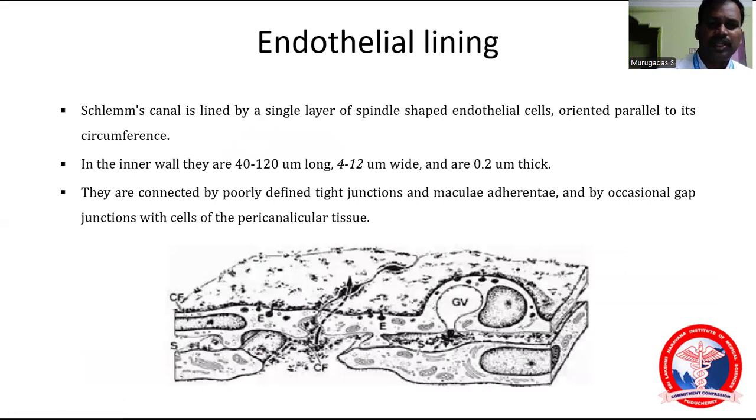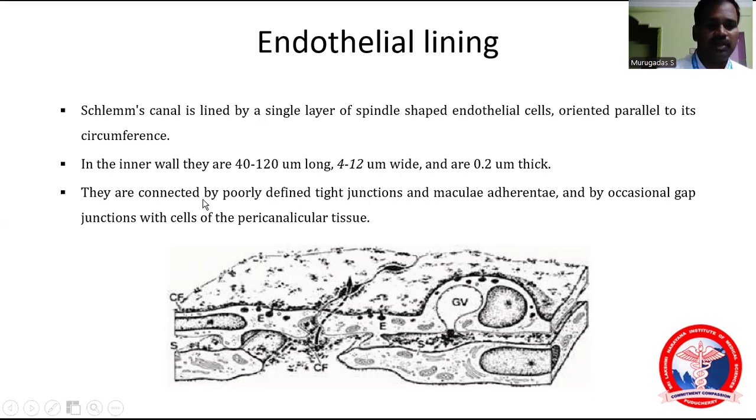Schlemm's canal is lined by a single layer of spindle-shaped endothelial cells oriented parallel to its circumference. In the inner wall, they are 40 to 120 micrometer long, 4 to 12 micrometer wide and 0.2 micrometer thick.